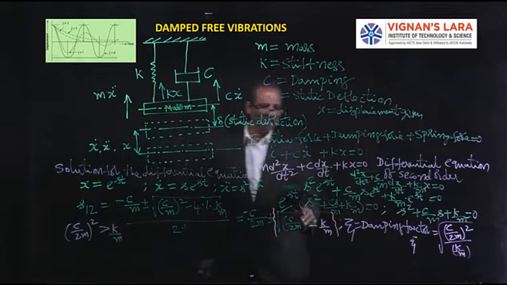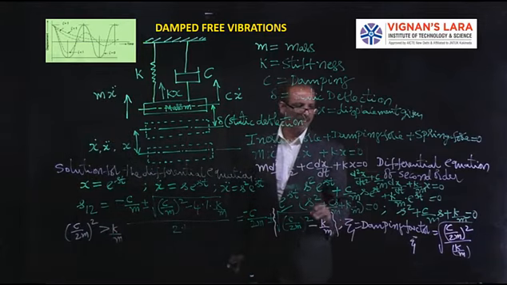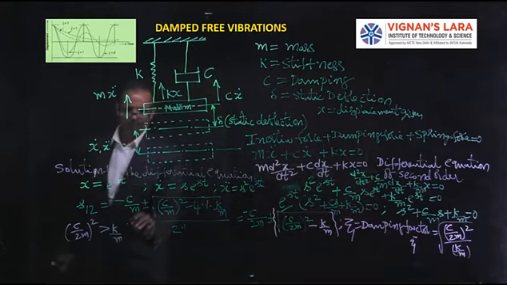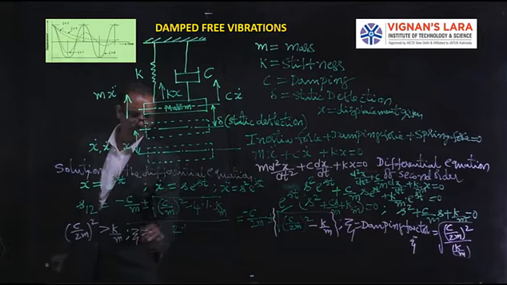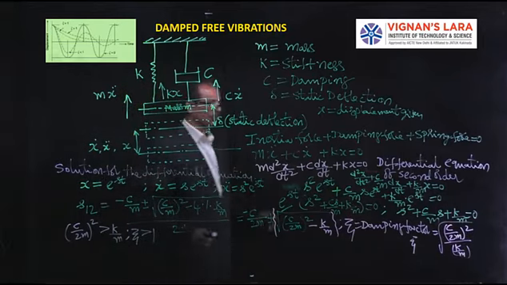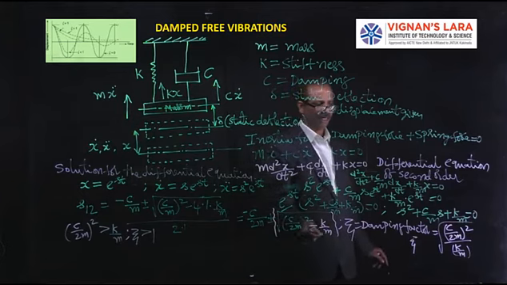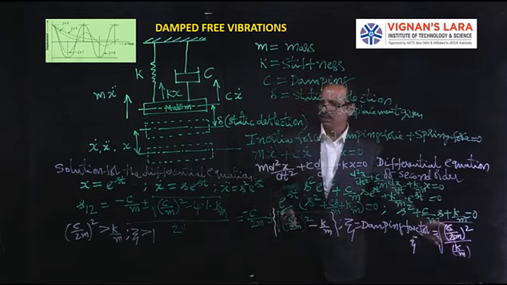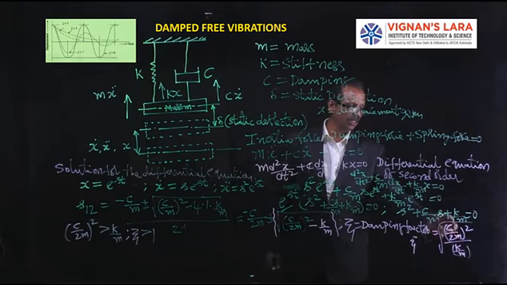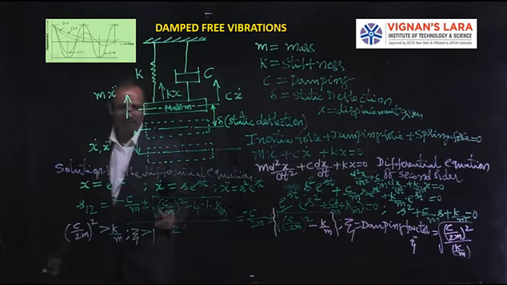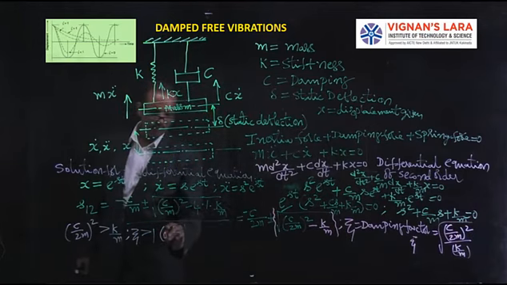Then what will happen? Your zeta will be greater than 1. Because in c by 2m whole square minus k by m, if c by 2m whole square is greater than k by m, then this value is more and that is less, so naturally zeta will become greater than 1, which is called over damping.